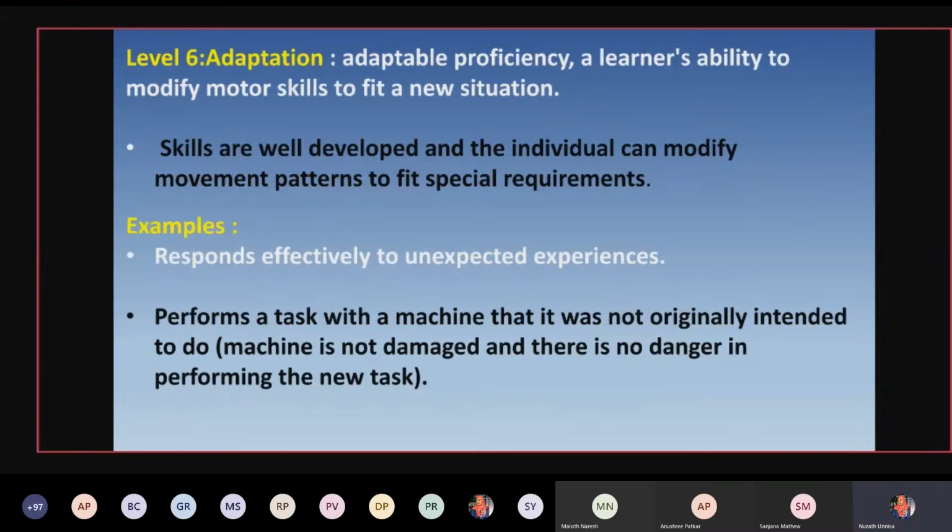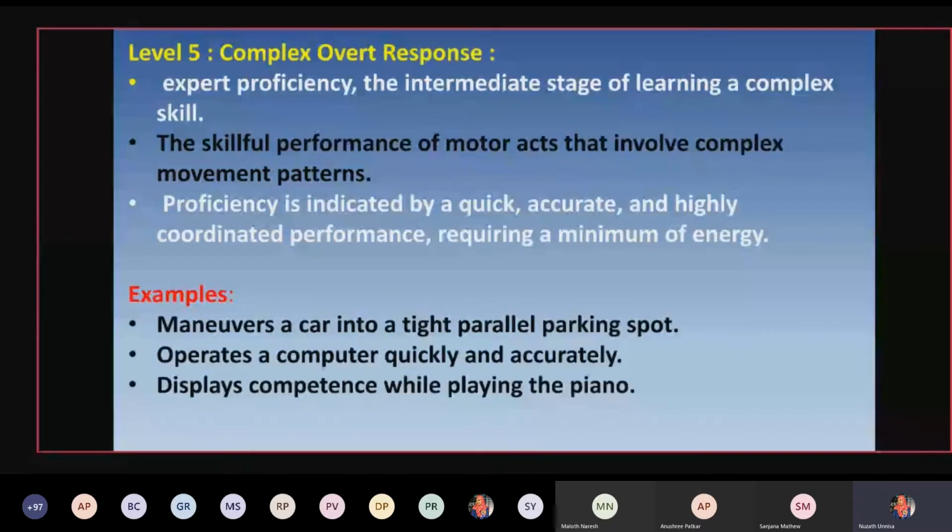Now moving on to the next level, which is 6, adaptation, or adaptable proficiency. At this level, our learner is expert in any of the proficiencies, right? Adaptation is a learner's ability to modify motor skills to fit a new situation, a situation which is not foreseen and not familiar to the learner.